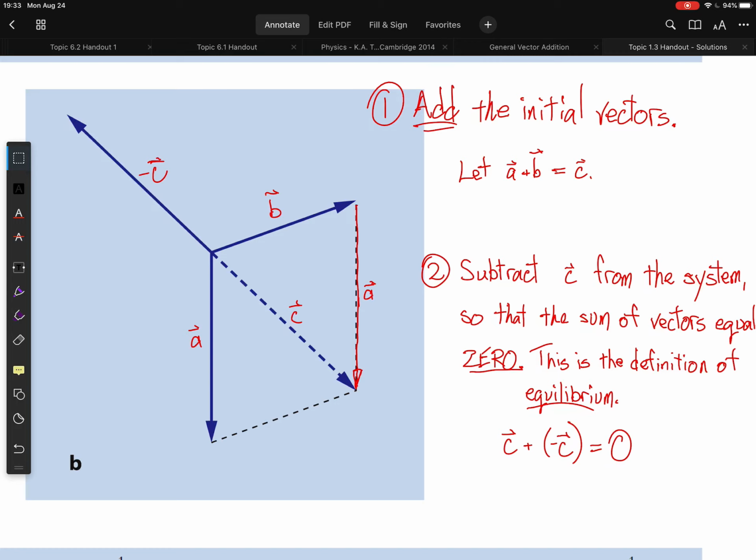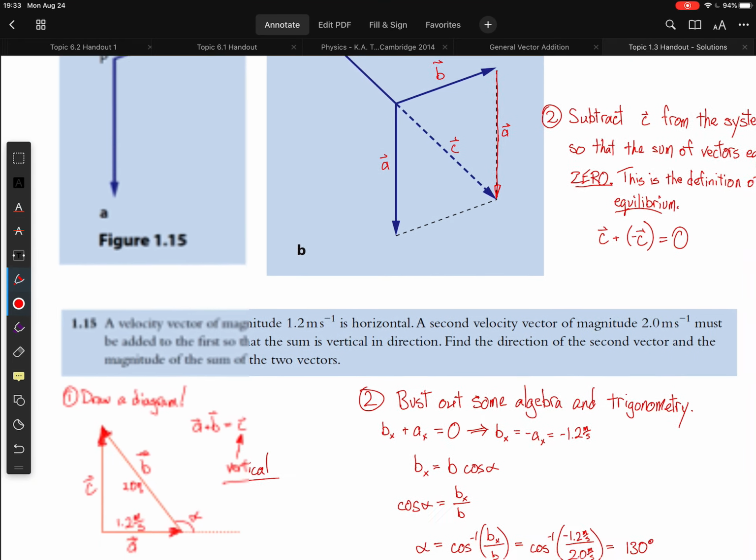So you can see that we have done that here with this guy. So there is our balancing vector, vector negative C. Okay, so there you go.